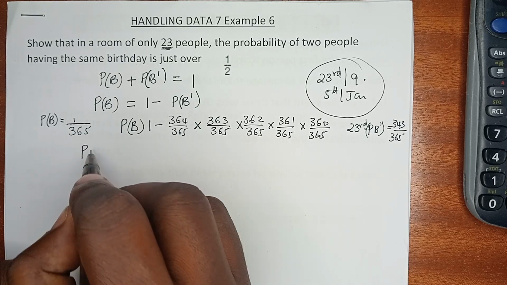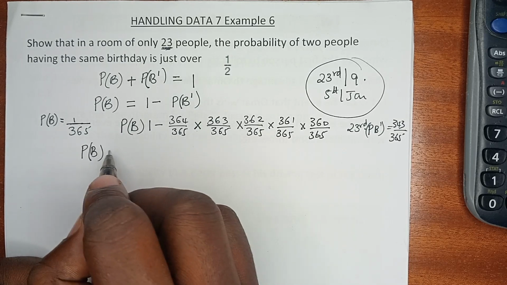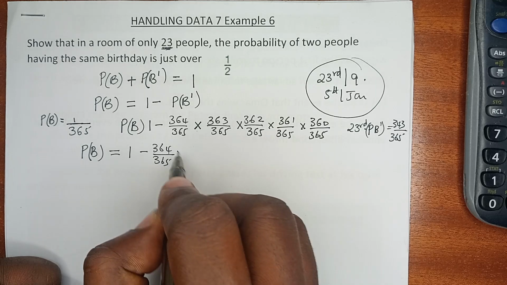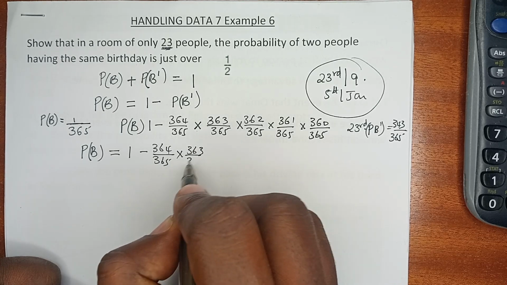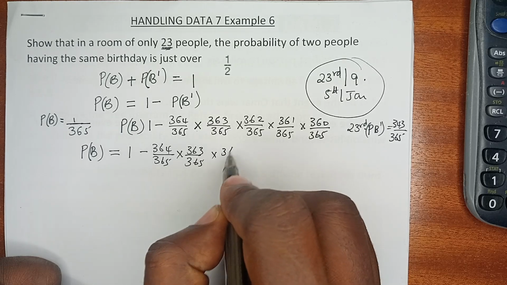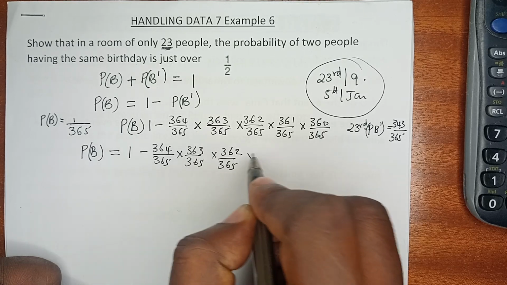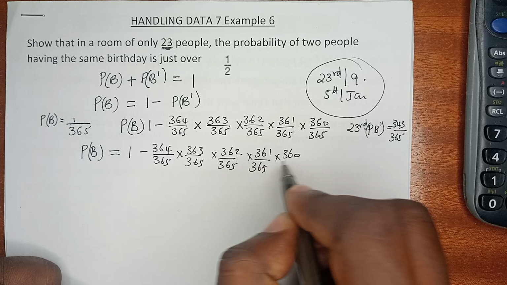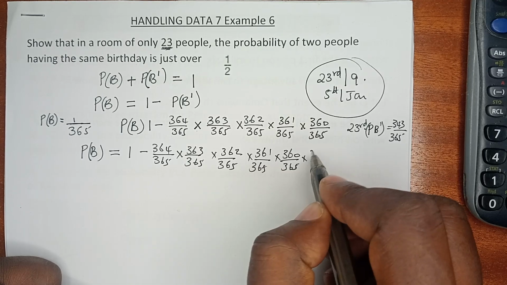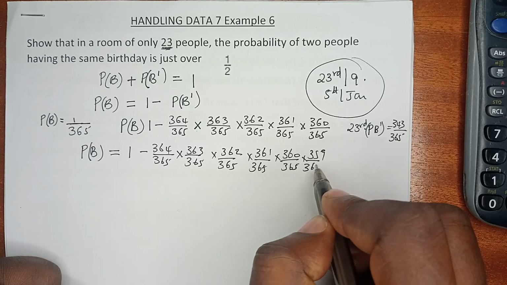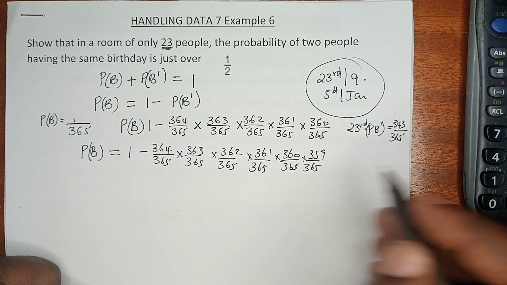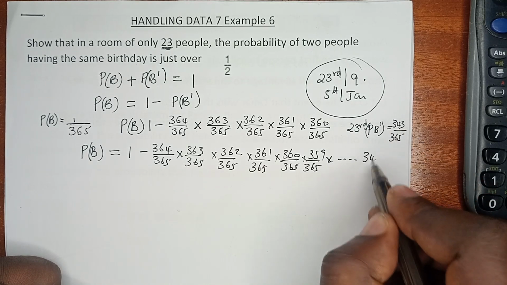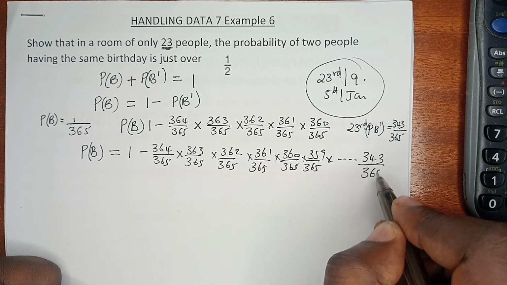So in a nutshell, the probability of two people sharing a birthday is 1 minus 364 out of 365 times 363 out of 365 times 362 out of 365 times 361 out of 365 times 360 out of 365 times 359 out of 365. And because we cannot list all of these, we say times and then continue, and the last probability will be 343 out of 365.